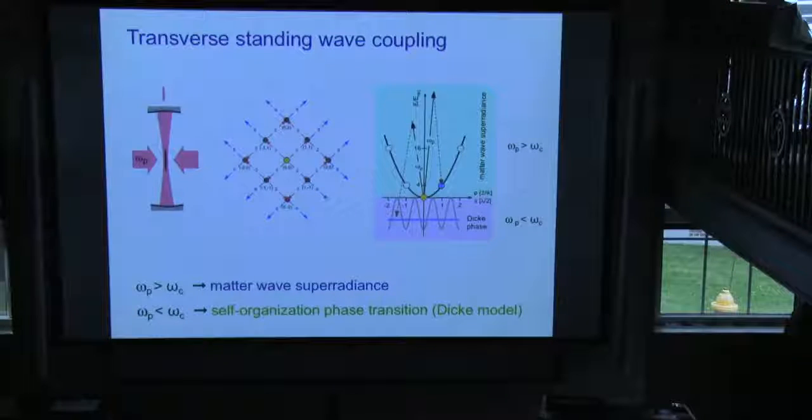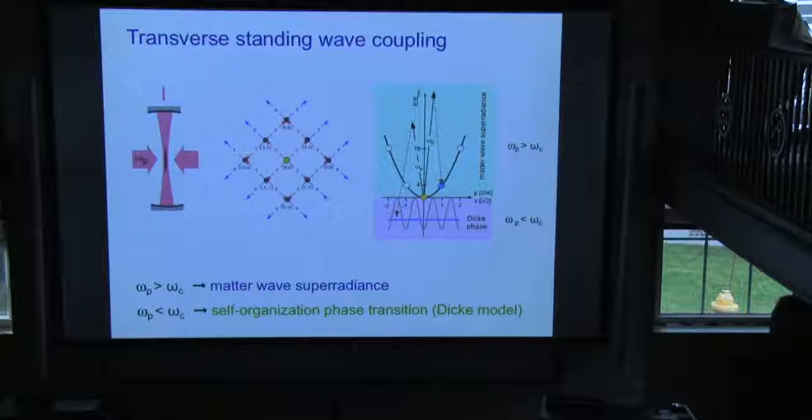Well, if you have two lasers from both sides, a standing wave, then now you have the full 2D momentum plane at hand. All these states can be, in principle, contributing. And you see that now there's something new becoming possible. Again, if you shine in photons that are blue detuned with respect to the cavity resonance, you can excite your system in the way I've shown you for the case of a single beam. This kind of process brings the atoms up here.